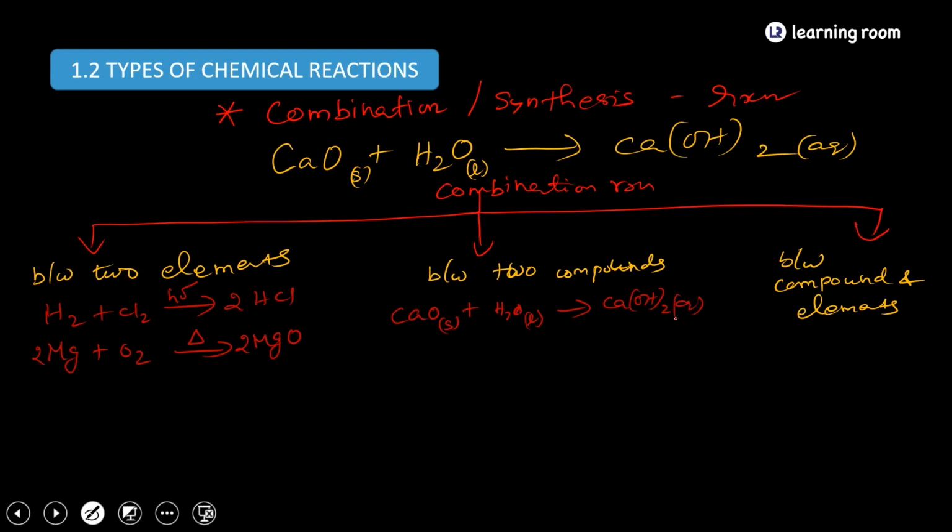So this is the combination between compounds. Then between a compound and an element: carbon monoxide gas with oxygen gas gives 2 carbon dioxide gas. This is known as between a compound and an element. The compound is carbon monoxide, the element is oxygen. Okay, so we can say it like this.